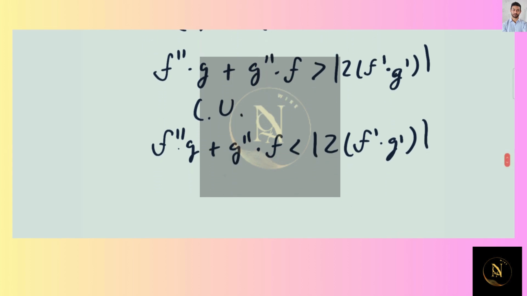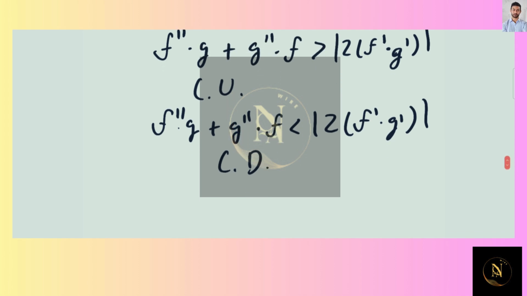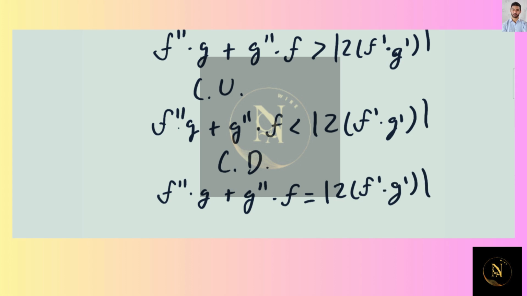And so if this was true, we would be concave down. And if we were linear, then our second derivative would actually be equal to 0. So that would mean that f double prime times g plus g double prime times f would be equal to the absolute value of 2 times f prime times g prime. This would be the case where we are linear.